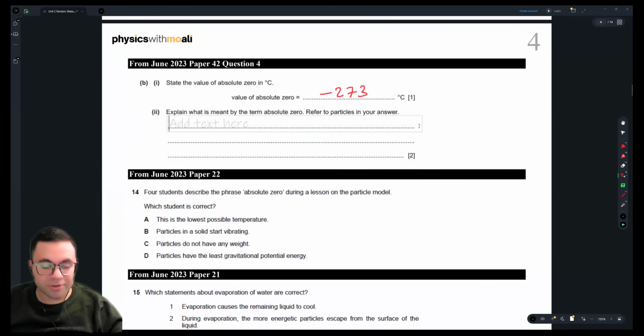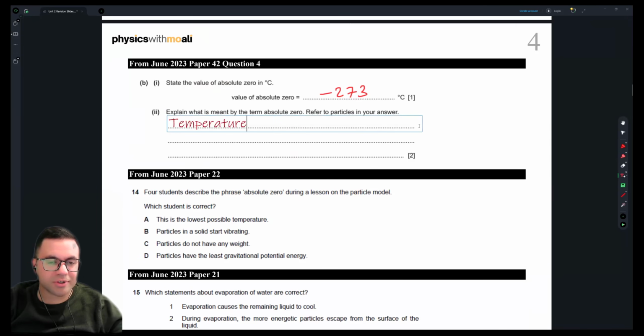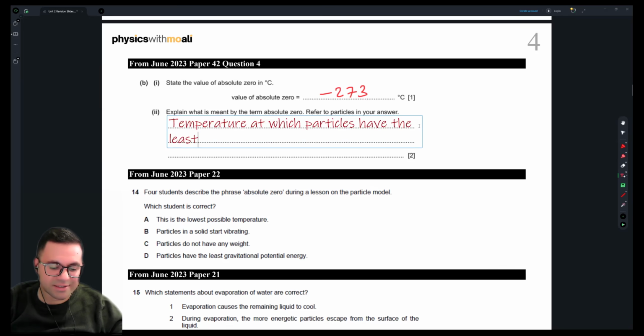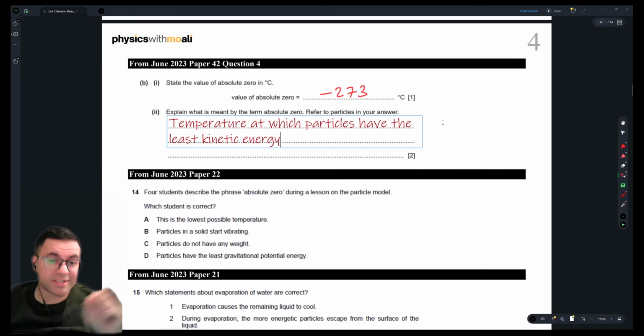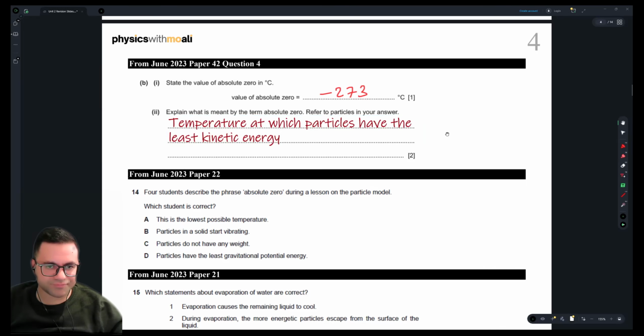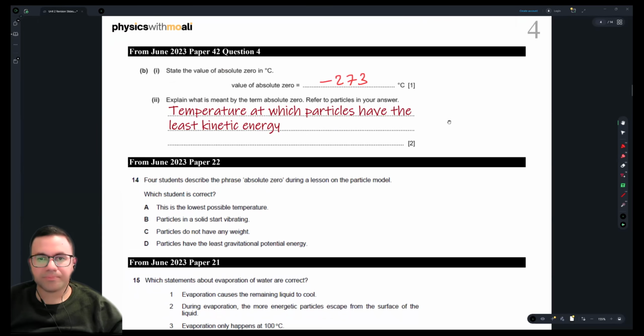So absolute zero is the temperature at which the particles have the least amount of kinetic energy. So absolute zero is a temperature where the molecules in a substance have the least amount or almost no kinetic energy. Okay?